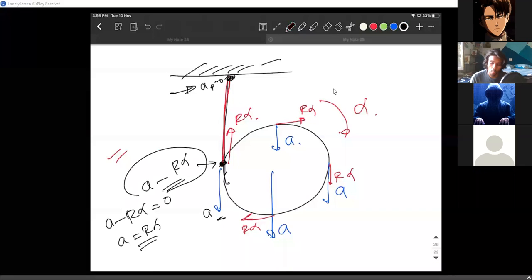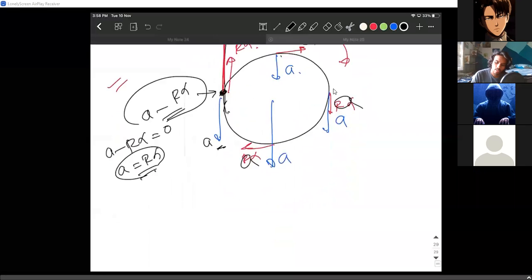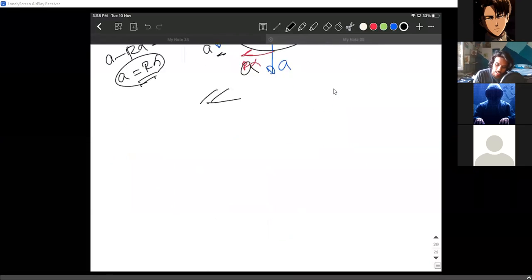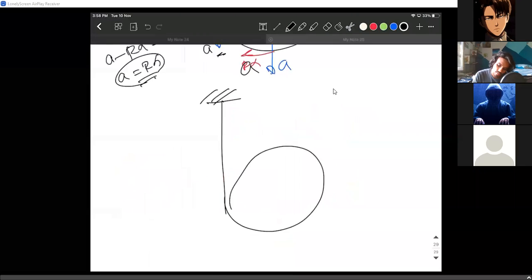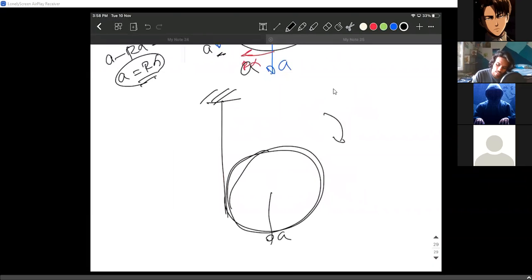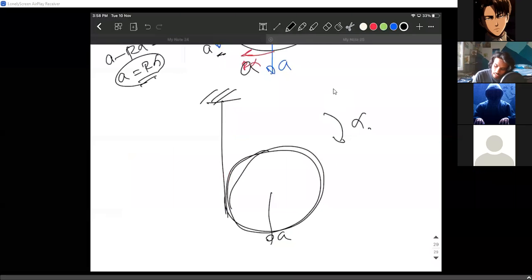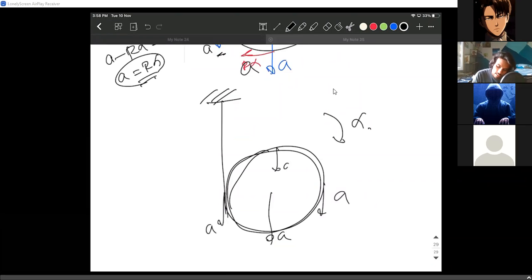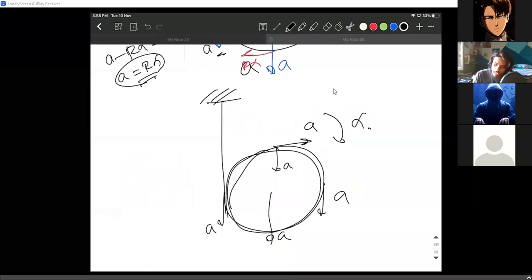Now, to complete the picture, what is the acceleration of this particle? Since R alpha equals A anyway, I'm going to write this as A, this as A, and this as A. So I'm going to redraw the diagram. Clearly watch it. We have a disk which is rolling down. All the particles have A because of linear acceleration, and angular R alpha is like this.